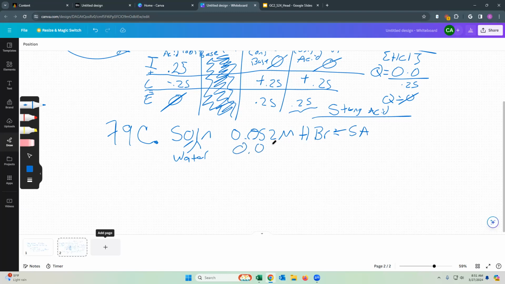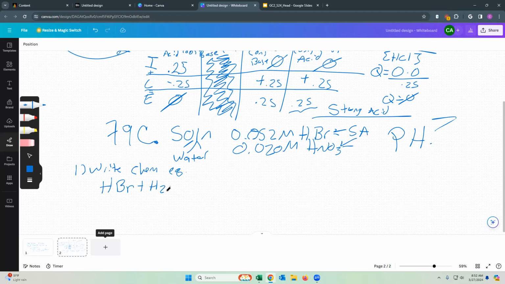And 0.020 molar HNO3, also a strong acid. So I want to know what the pH is. The first thing we need to do, you don't need to, but it's always helpful, is write the chemical equation. I'll do that for each strong acid individually. So HBr plus H2O: the acid gives a hydrogen, makes Br minus plus H3O plus.